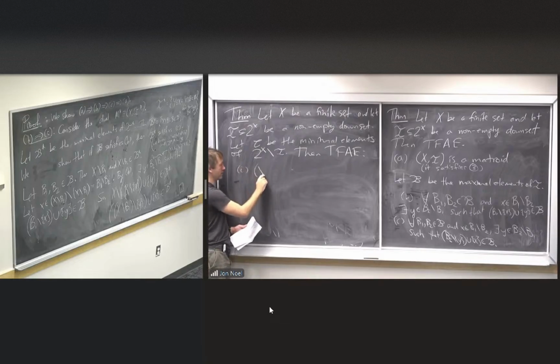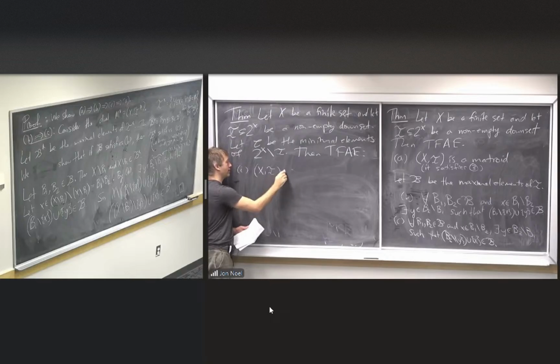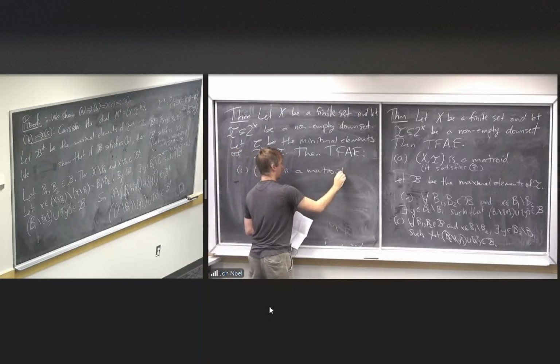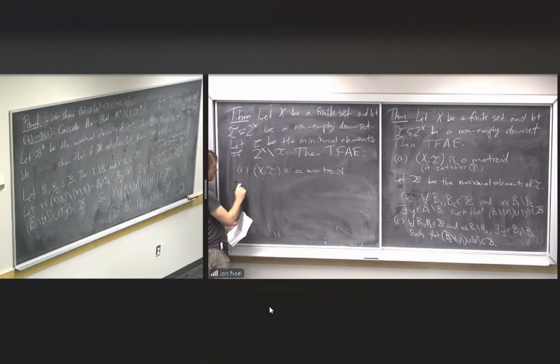The first thing is that X, I is a matroid. The second condition: you should be thinking of the collection C as the circuits in the matroid.